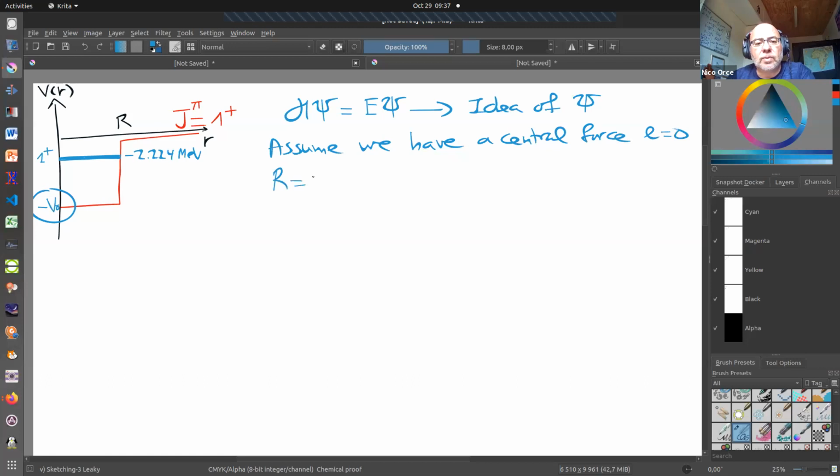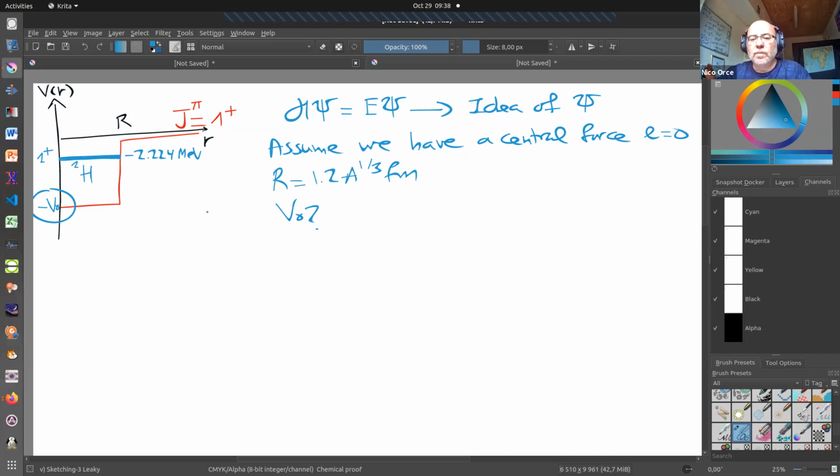We know that R is 1.2 A to the 1/3 fermis, and our problem is to determine V naught. What is that depth of the nuclear force for the deuteron to be bound? Remember, this is the deuteron, and it's bound in its ground state.